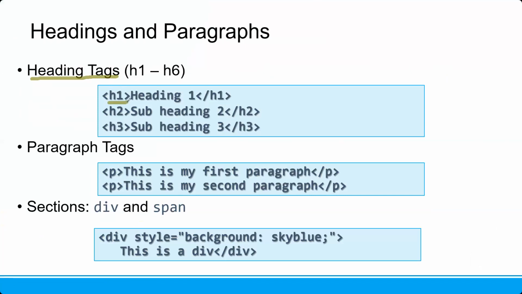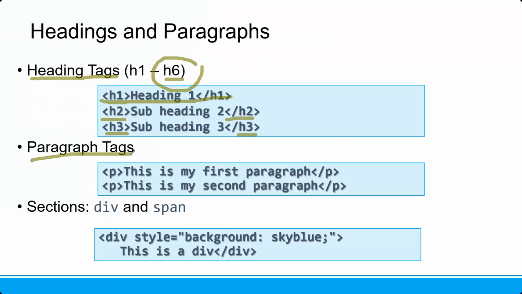If it is 1, then it is the biggest one. If it is 6, this is the smallest one. So we have H1 to indicate the heading number 1, and then H2 smaller than H1, H3 smaller than H2, and so on. The maximum will be 6, so there will be no more than 6.